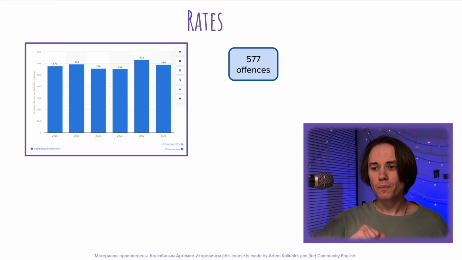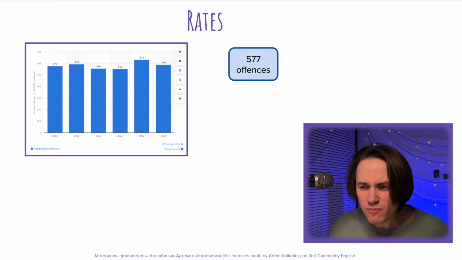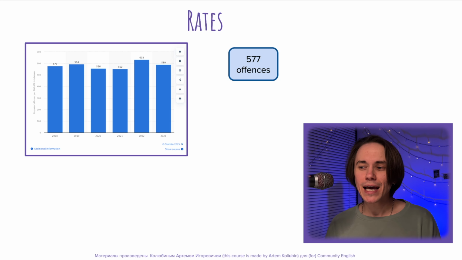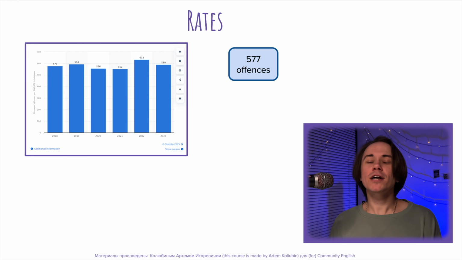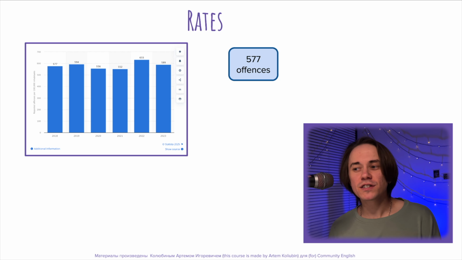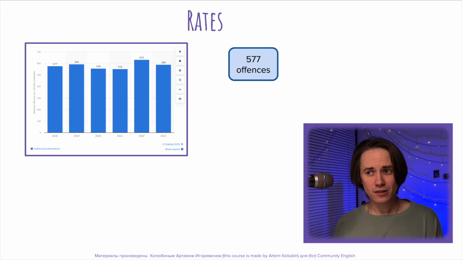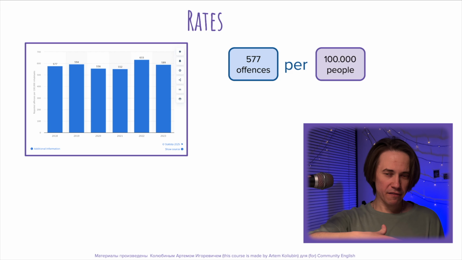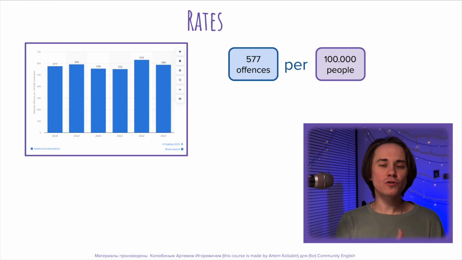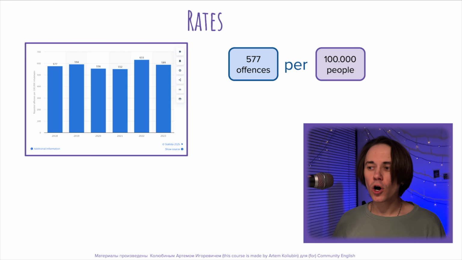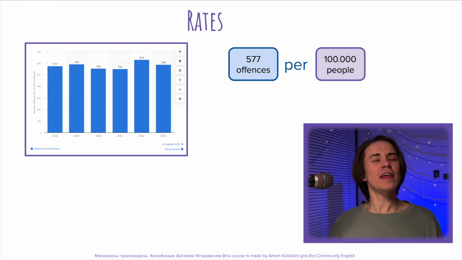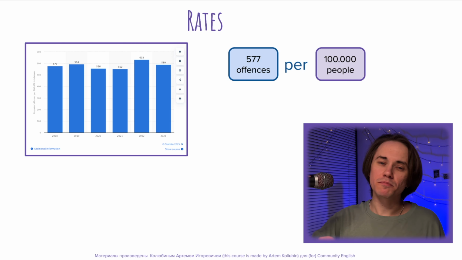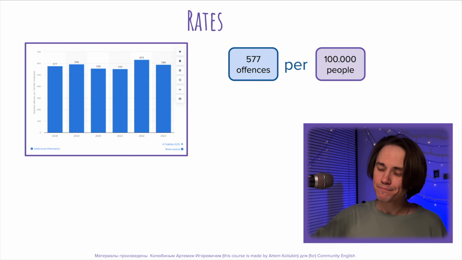So for example, in 2018, I can barely see it, but in 2018, they registered 577 offenses. Per means for every, per 100,000 people. So per 100,000 people, they had 577 offenses, meaning crimes reported.